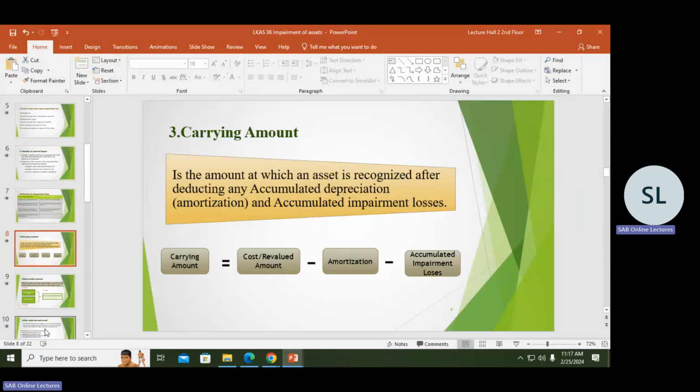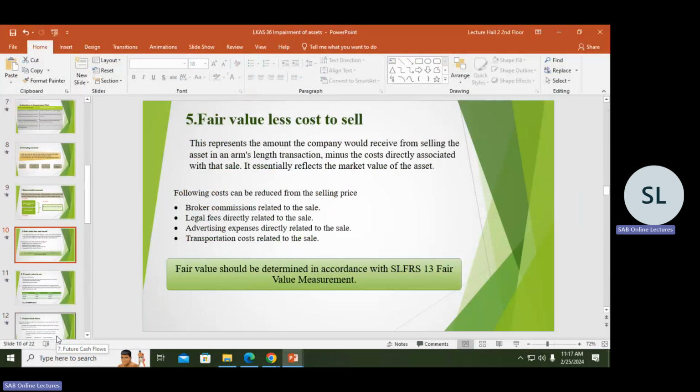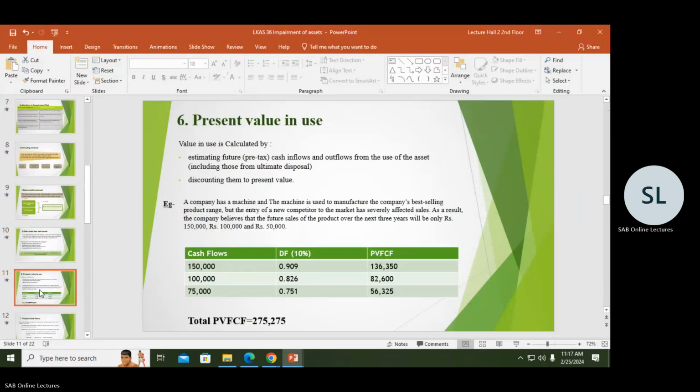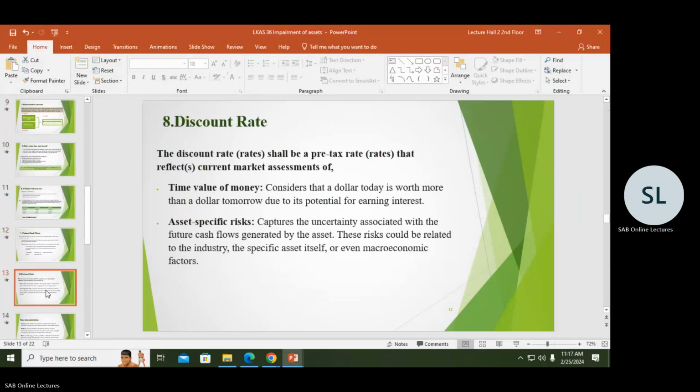Content is okay, carrying amount and you explain this in the recoverable amount, that is okay. Yeah, we're supposed to say present value, future cash flows, okay. But the main issue in this presentation was that you over-emphasized the initial part. Only 1% tried to cover the entire aspect of impairment.